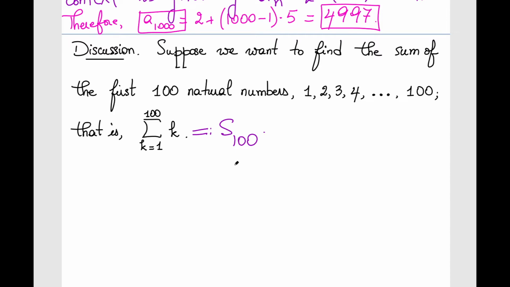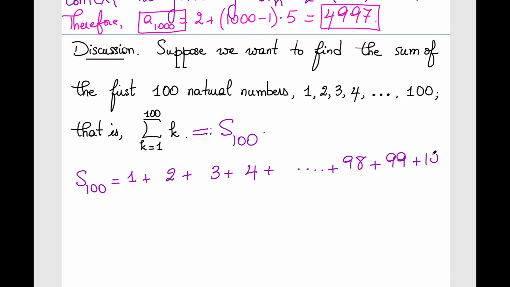Let's approach it this way. S100, the sum of the first 100 terms, is 1 plus 2 plus 3 plus 4, etc., all the way to 98, 99, and 100. How about we write the same thing in reversed order?